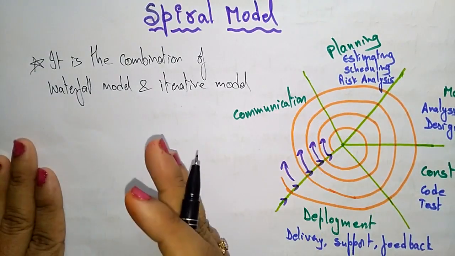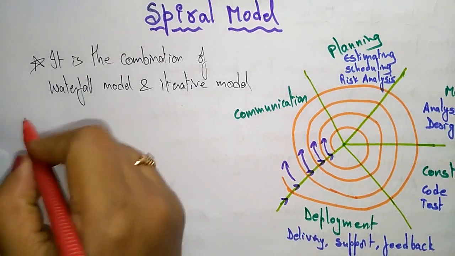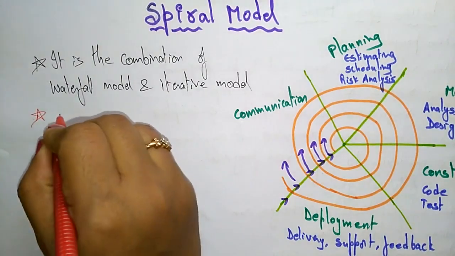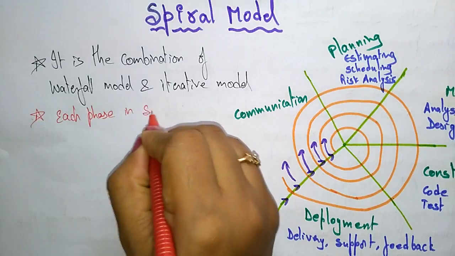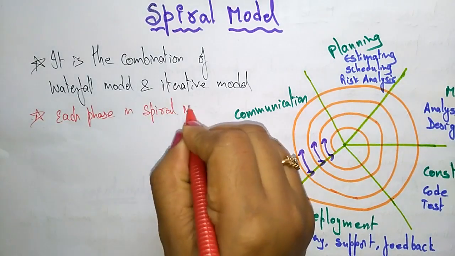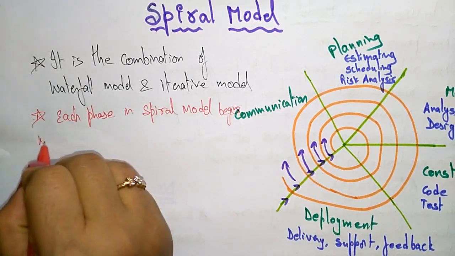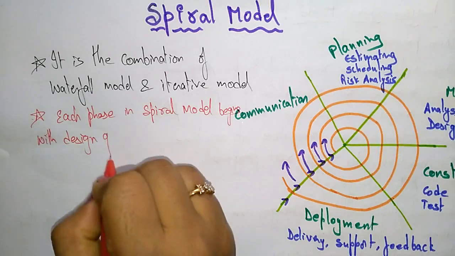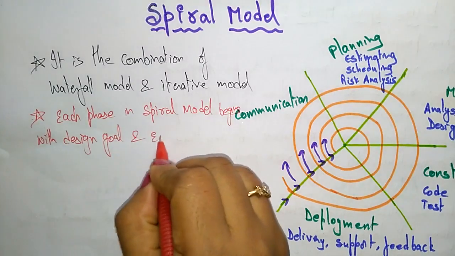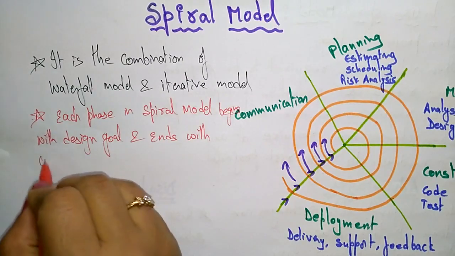Here each phase in the spiral model begins with the design goal and ends with the client reviewing the process. So let me write that point also. Each phase in spiral model begins with design goal and ends with client reviewing.